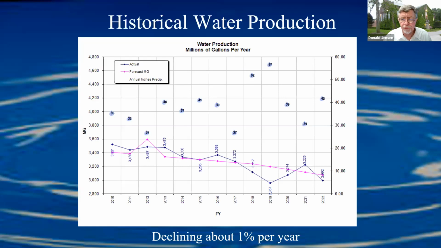And this illustrates a long-term decline in water demand. You can see that there's obviously an inverse relationship between rainfall and water demand on an annual basis, but the long-term demand is trending downward. We don't know where that is going to flatten out. Obviously, there's a minimum sanitary demand.